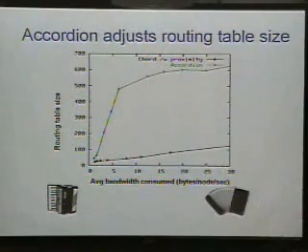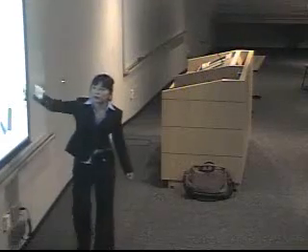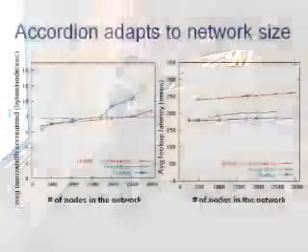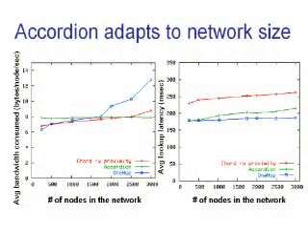But since Chord has a fixed geometry, there is a restriction on the size of the routing table it is able to effectively use. As we can see, as you give more bandwidth budget to Accordion, it can learn about other nodes very quickly and form a much larger routing table than Chord, because it has no rigid geometry restrictions.